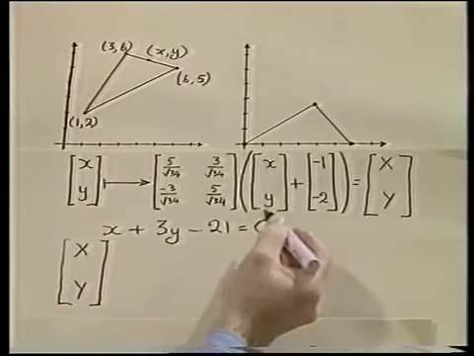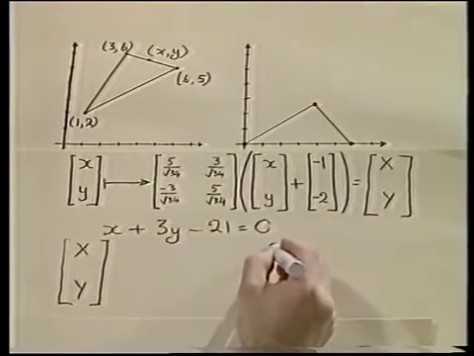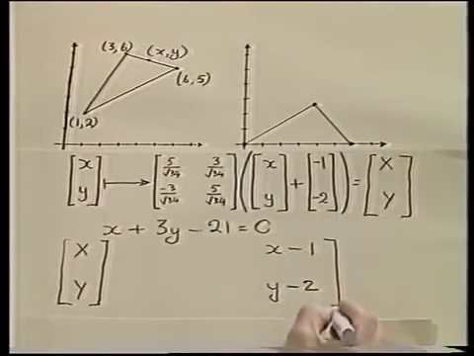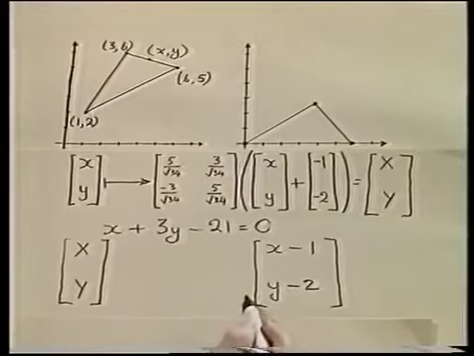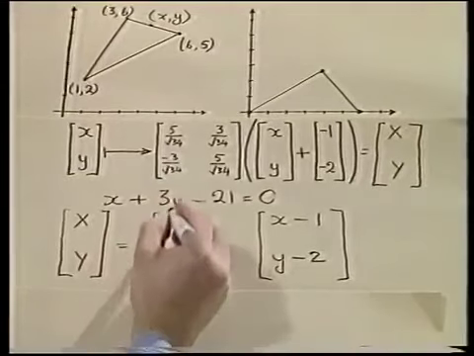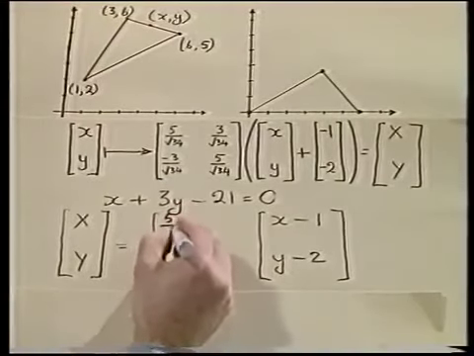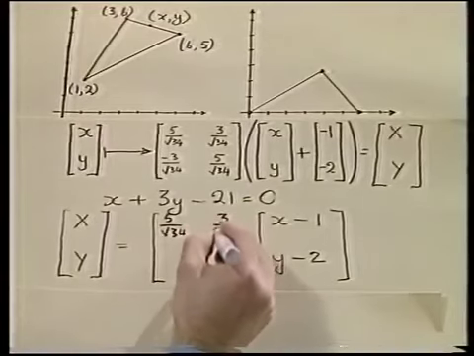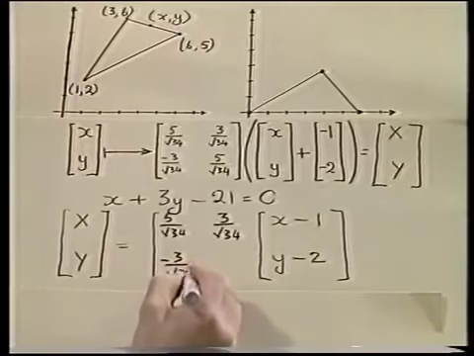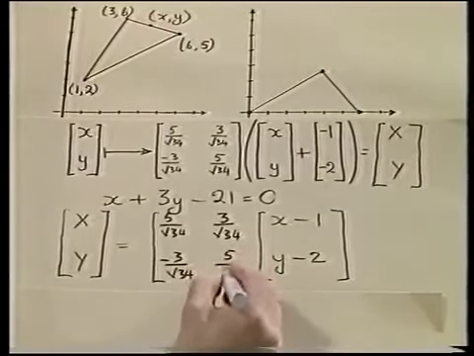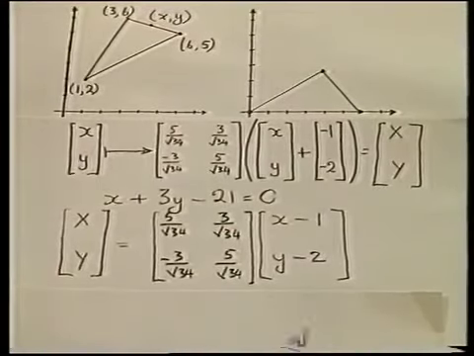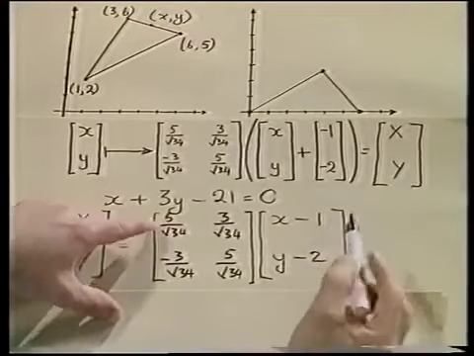So, to get capital X and capital Y, first of all, I must do this addition. Well, that's easy. That gives me x minus 1 and y minus 2. And then I must multiply the result by this matrix. So I have to multiply by the matrix 5 over root 34, 3 over root 34, minus 3 over root 34, 5 over root 34. Now if I do that, I get this times this.